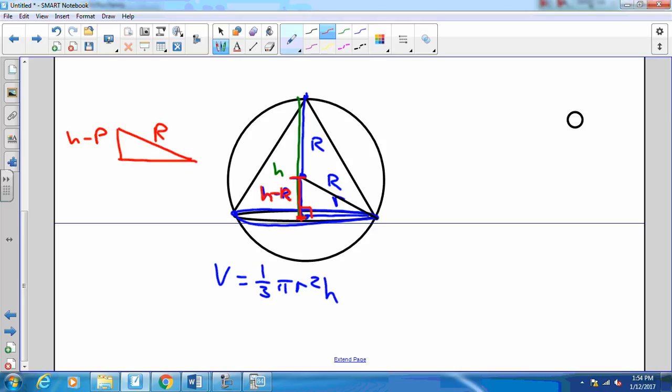And this right triangle has a hypotenuse of big R. It has a height of h minus big R. And it has a leg of little r. And so therefore I can immediately write that big R squared equals little r squared plus h minus big R squared. And that is the constraint that comes about from inscribing the cone inside the sphere.